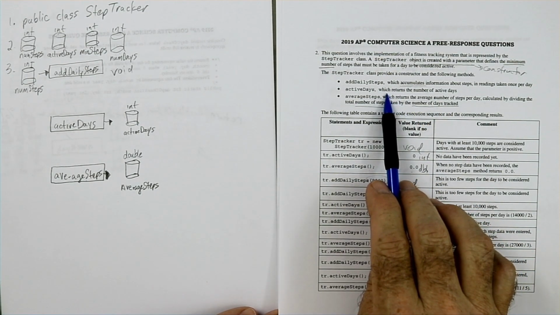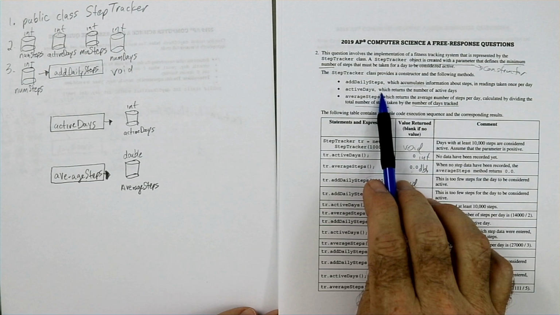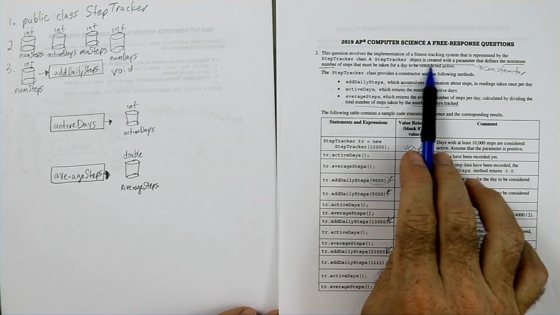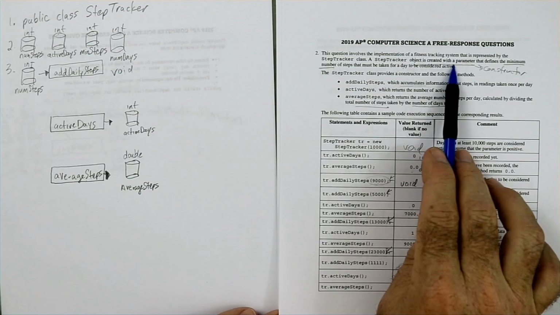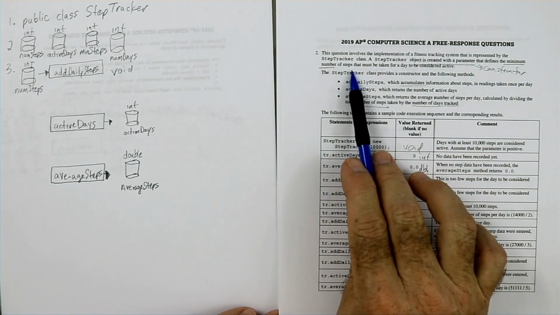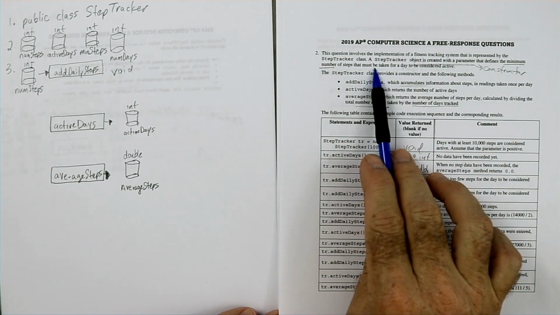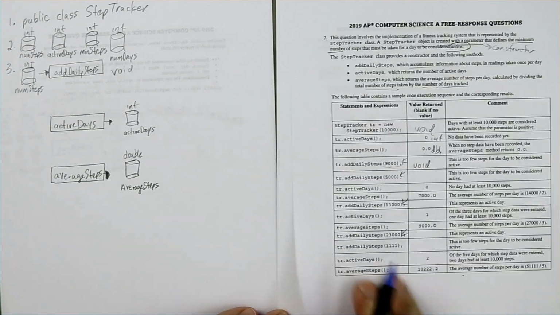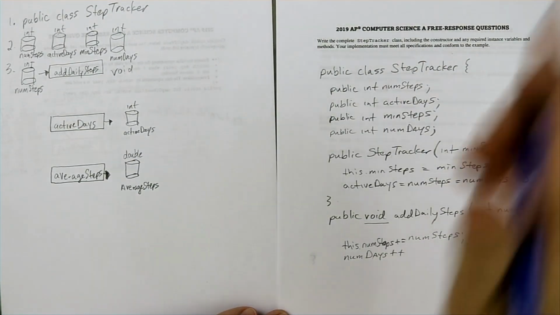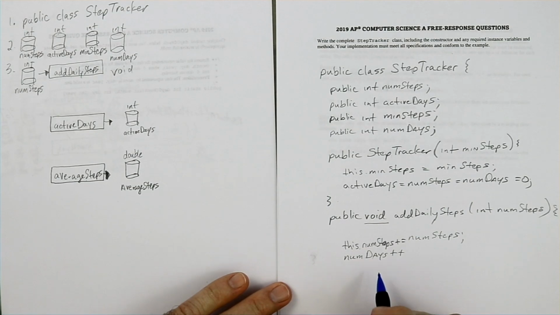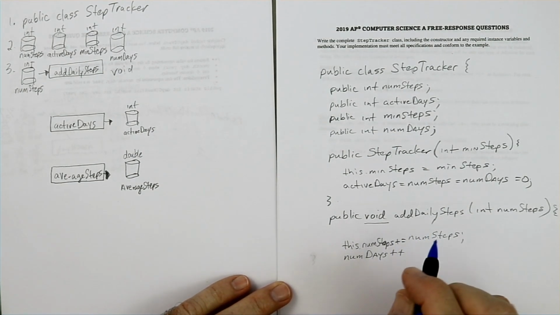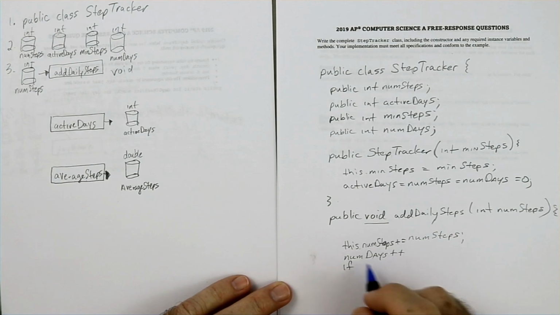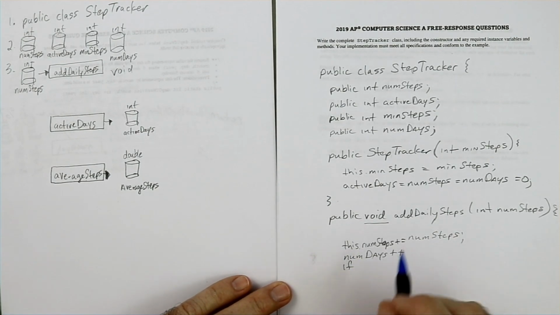And the number of days tracked is, the object is created with a parameter that defines the minimum number of steps that must be taken for the day to be considered active. So it can't be one where you didn't have enough steps. So you have to write a little if statement here to see if that day actually was an active day, and we'll add that.